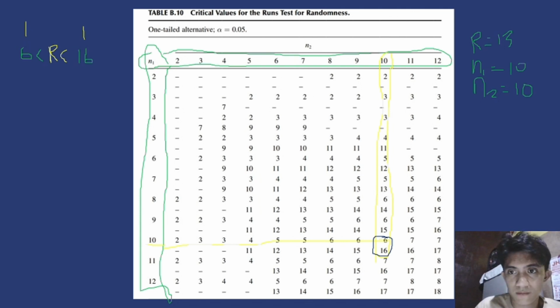So since our R is 13, and 13 is greater than 6 and 13 is less than 16, 13 is within 6 and 16, therefore the series of events is random.